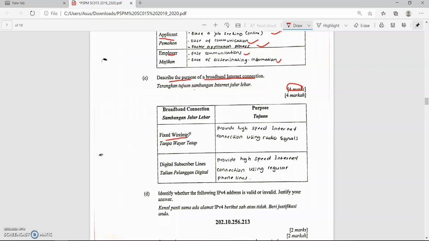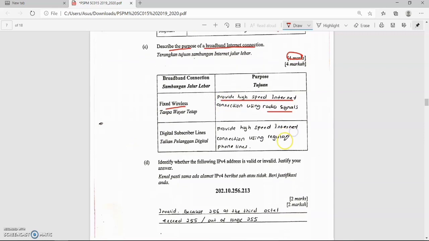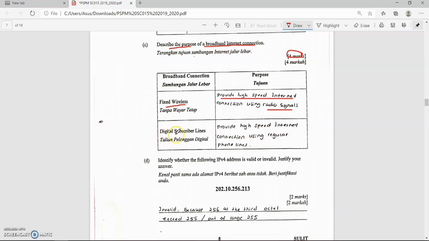Transmission media. Like this, provide high-speed internet connection using radio signal. We must start with provide high-speed internet. Next, digital subscriber lines. Provide high-speed internet connection using regular phone lines.